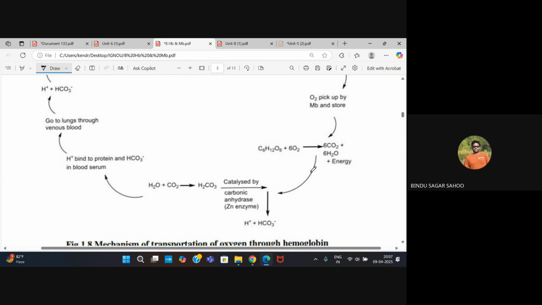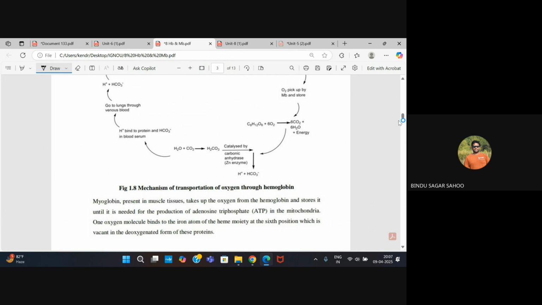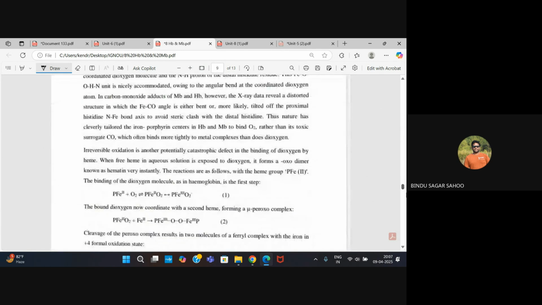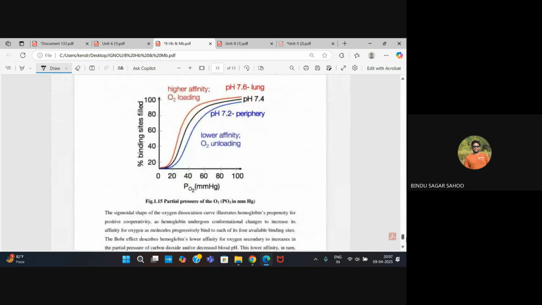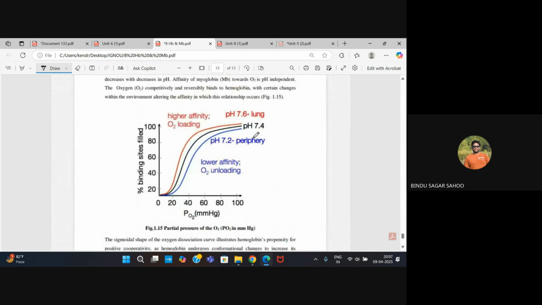Okay. So you need to just remember that when the pH decreases, the binding tendency of hemoglobin with oxygen also decreases. That means the acidic medium is not good for the binding tendency of hemoglobin. In acidic medium, or if the medium is shifted a little towards the acidic part, then the binding tendency decreases.